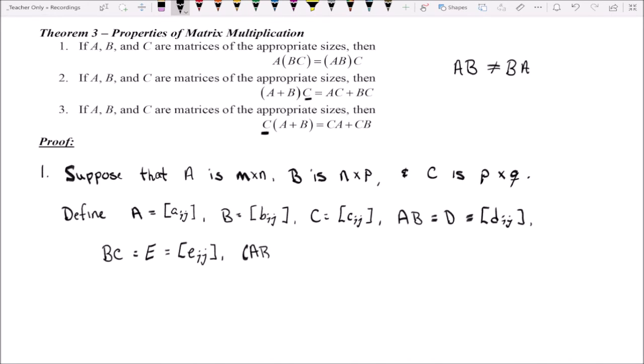Say that (A times B) times C, we'll call that matrix F. That looks like Fij. And finally, A times (B times C), we're going to call that matrix G, and represent that as Gij.